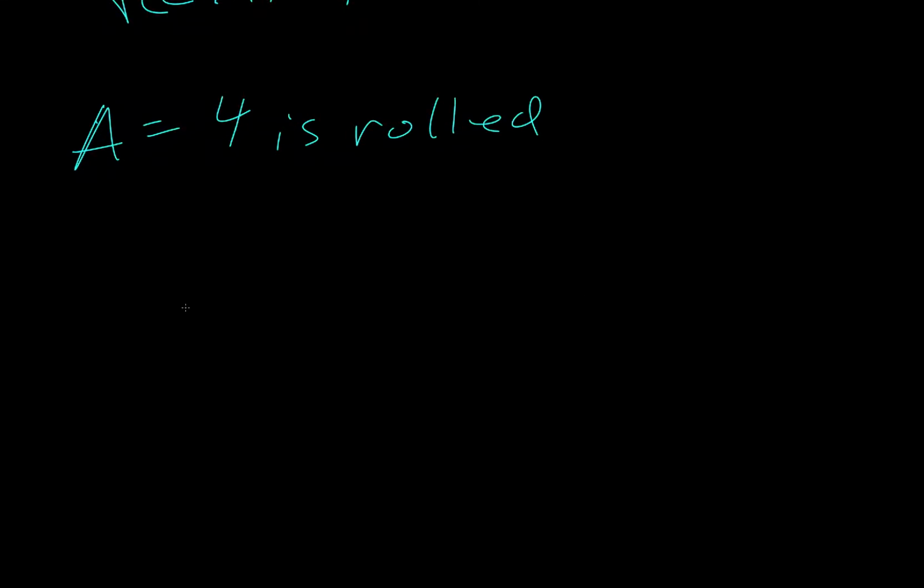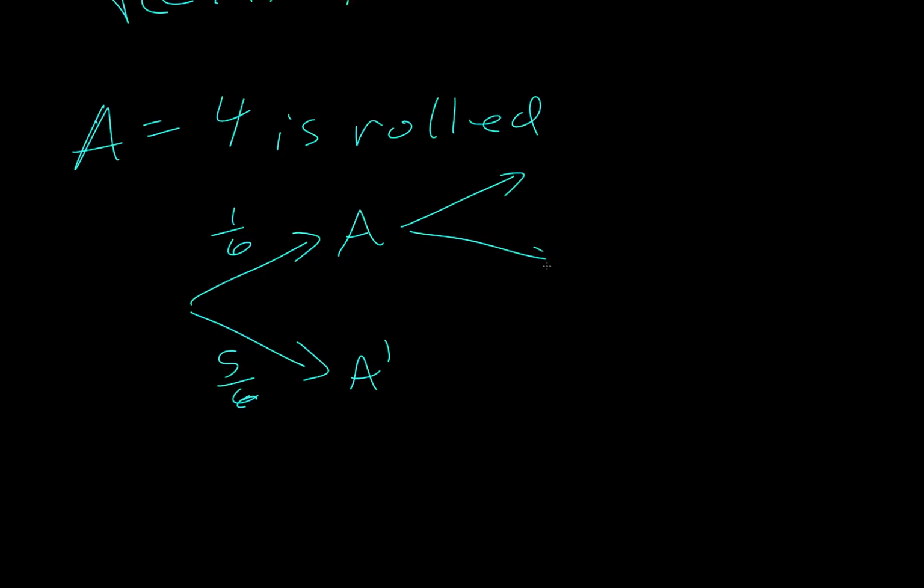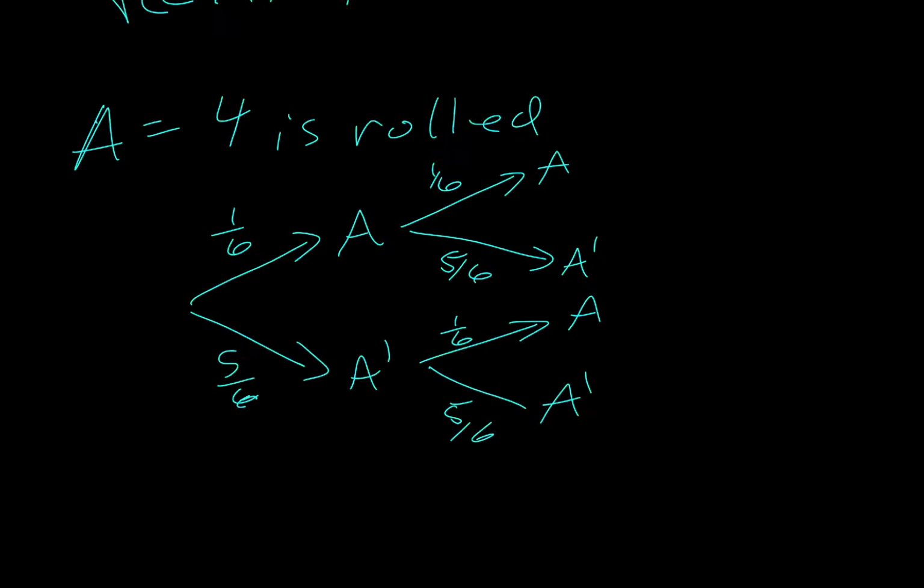If we create a tree diagram, we have a 1 in 6 chance of that happening. We have a 5 in 6 chance of event A not happening. And then when we roll the second dice, it's the same thing. 1 in 6 chance of it happening, 5/6 not happening.